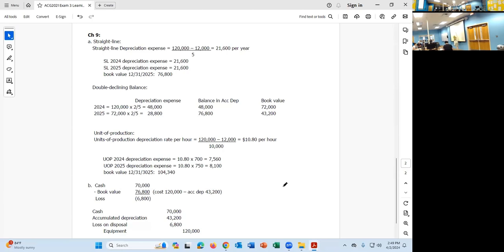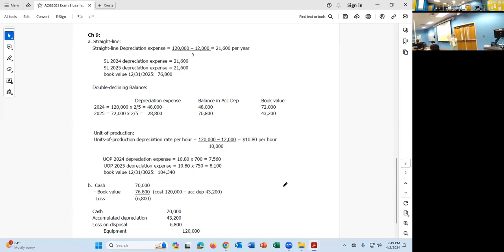At the end of 2 years, we've taken, what's that, $43,200 in depreciation. So my book value, again, $120,000 cost minus the balance in accumulated depreciation. So you want to know how to both come up with the depreciation expense and know how to calculate book value. Okay. Questions on straight line?